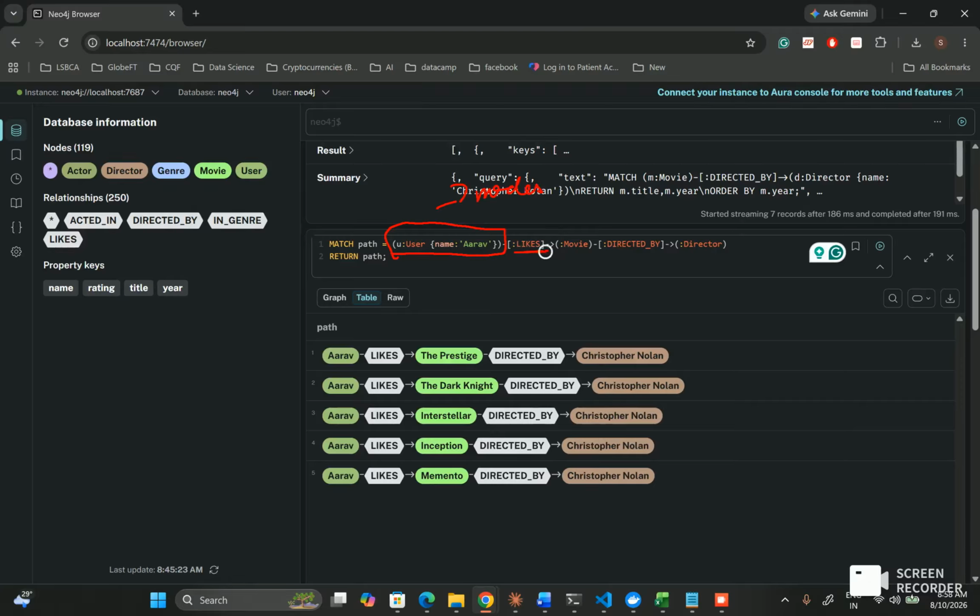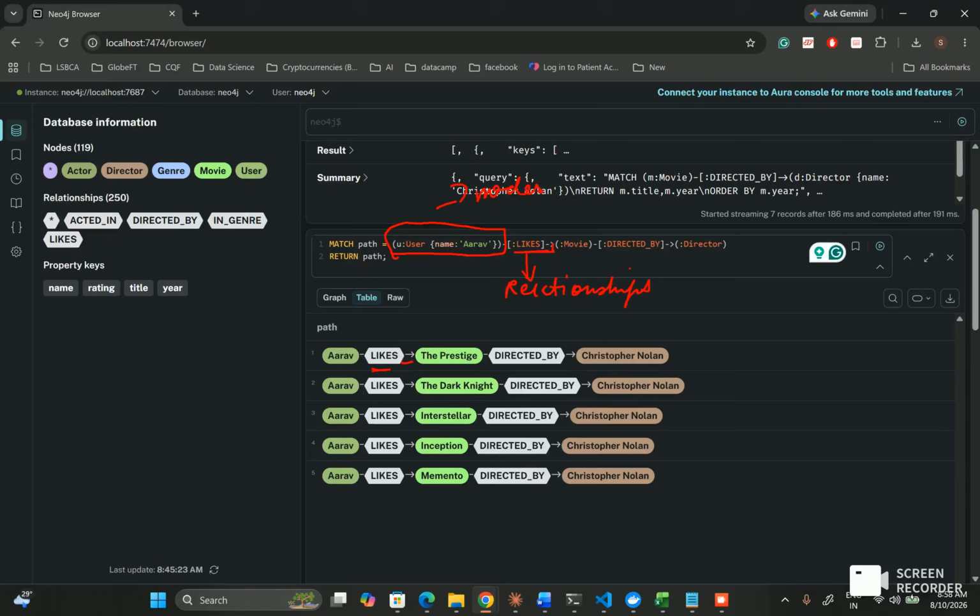These square brackets inside an arrow are relationships.